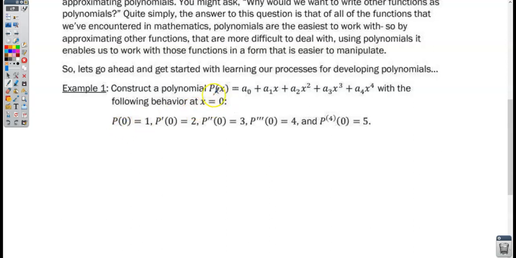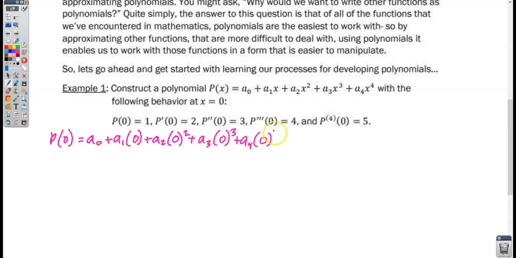First of all, we know the original polynomial p of x. And so in order to find p of 0, we're just going to put 0 in everywhere there's an x. And if you look at what happens when we do that, p of 0 is equal to a sub 0 plus a sub 1 times 0 plus a sub 2 times 0 squared plus a sub 3 times 0 cubed plus a sub 4 times 0 to the fourth.